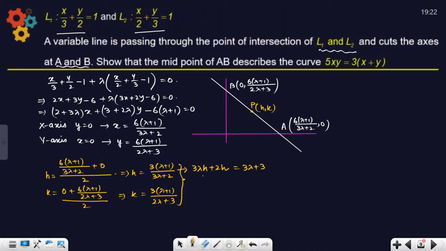Okay, so we will have, from here we are getting lambda is, tell me yes or no. Now put this value of lambda in the second equation. What are you getting?